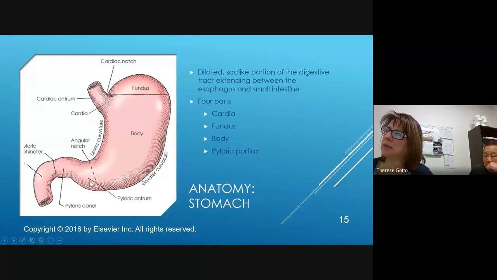You've got the body with the greater curvature on the outside, the lesser curvature on the inside. This other notch is called the angular notch. Then you have the pyloric antrum, another area of the pylorus. Then this little straight area before your duodenum is the pyloric canal. And then you have this muscular opening, which is the pyloric sphincter.